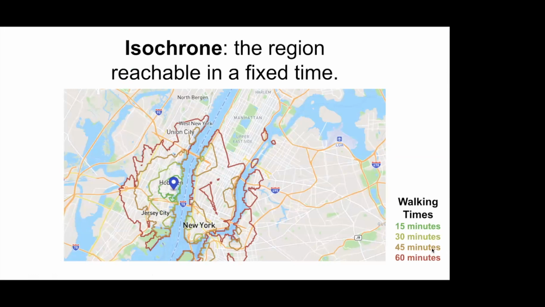So you can see, for example, in this image, the distance you can travel from that initial pin that's been dropped in Jersey City, and you can see the walking distance you can reach in 15 minutes, 30 minutes, 45 minutes, 60 minutes. This isochrone is generated using the walk network of Mapbox's internal data set to allow us to figure out what roads can be traversed and how far you can go down them within that time frame.